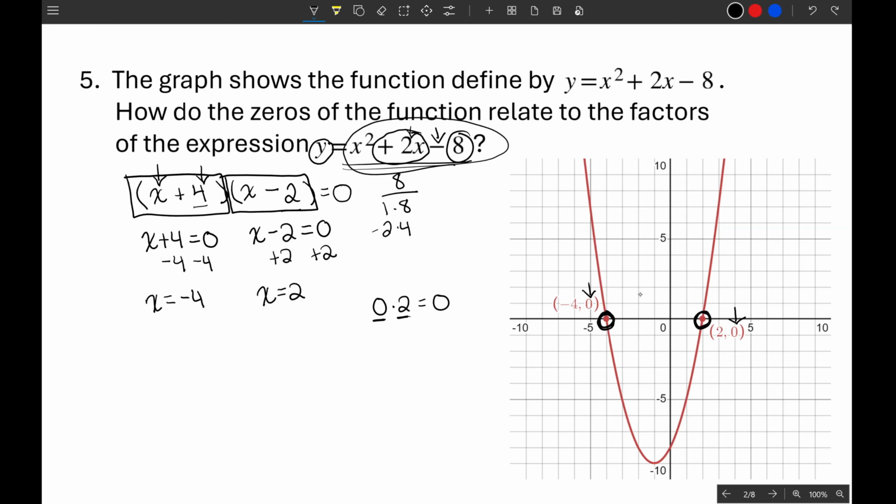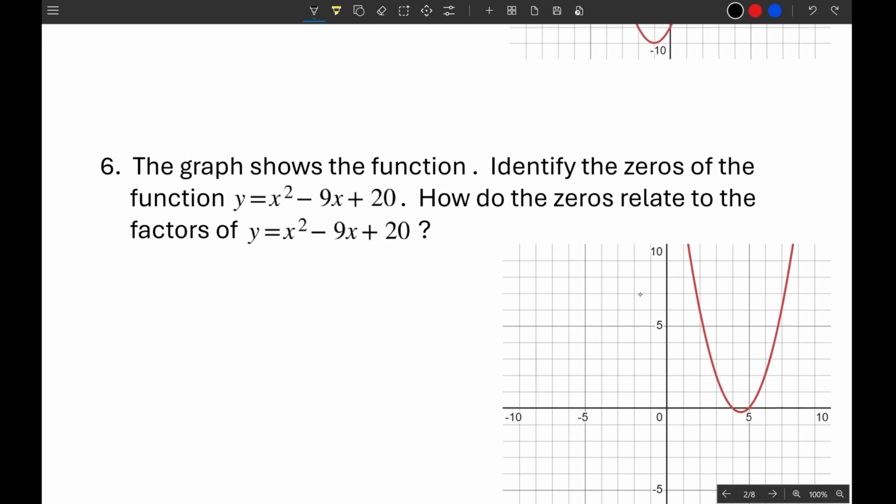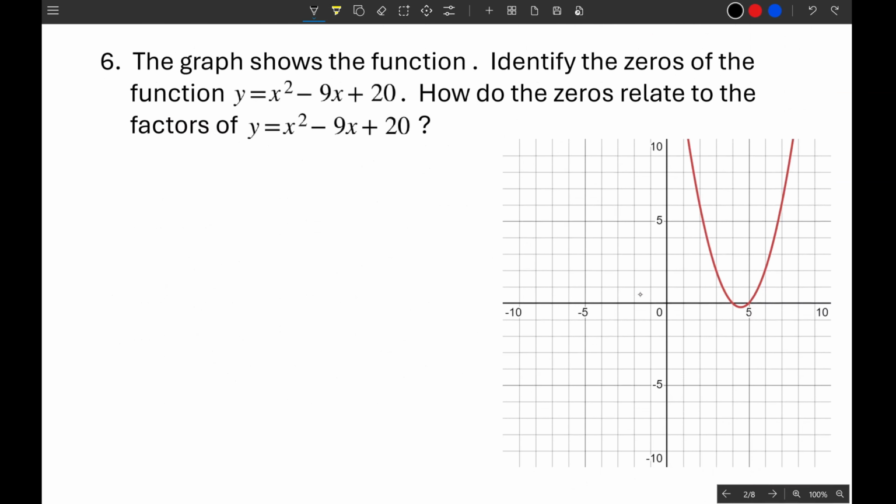So the negative 4 and the 2, those are the zeros, and I know that they would be my intercepts here, and I get those from the factors of my expression. If I take a look at number 6 here, it's the exact same thing except we have a different equation, and I didn't label these on here, but it looks like it's going to be positive 4 and 5.